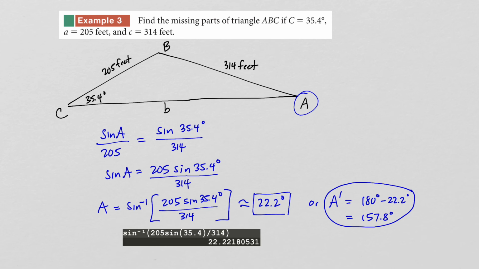Now you have to ask yourself, is that really possible? Well, angle C was 35.4 degrees. Now we're saying angle A prime could be 157.8 degrees. But if you add these together, what do you get?